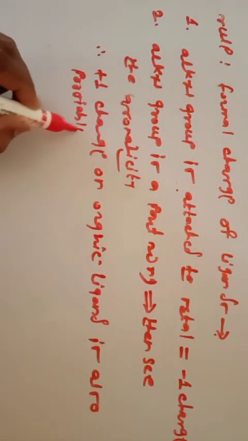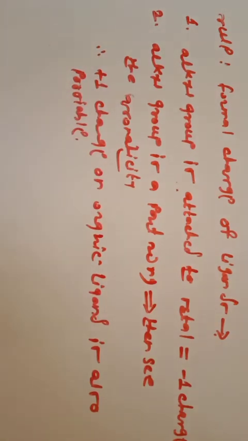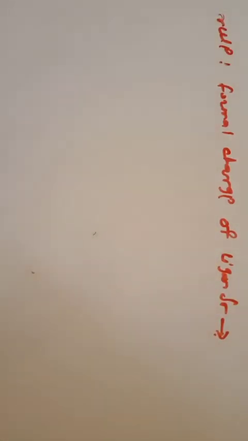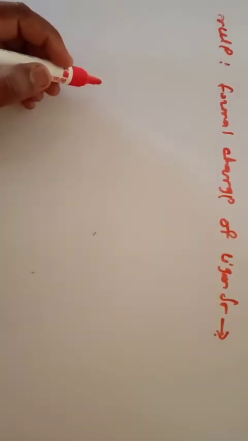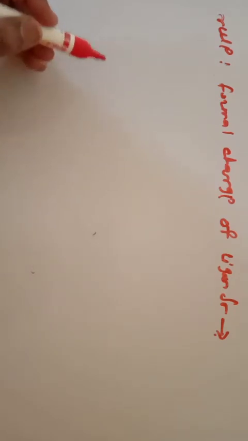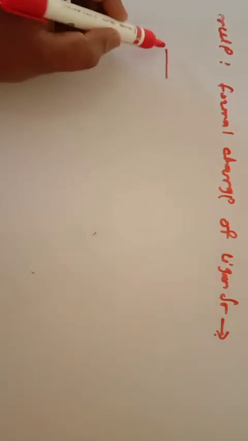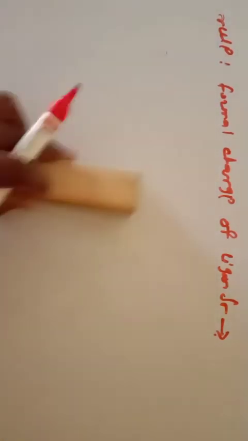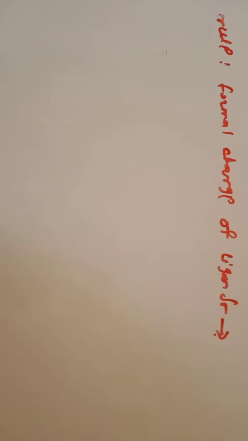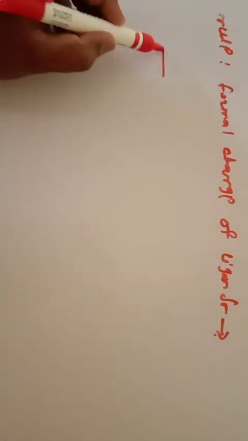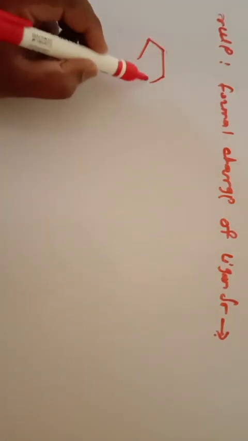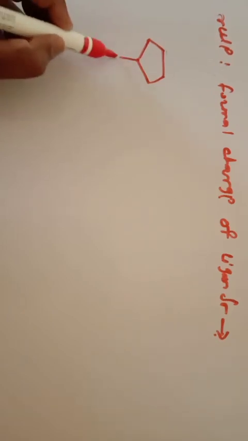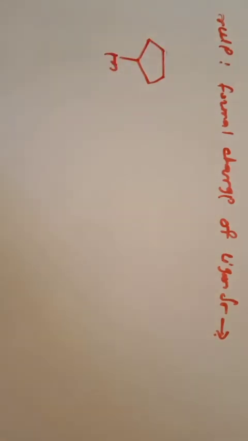This is the second rule. So let us discuss some examples of the second rule. For example, if you are considering a very familiar example, this is your five-membered ring.